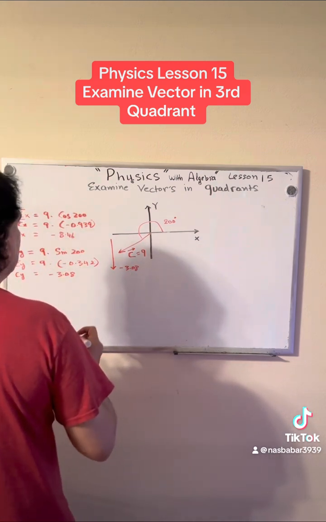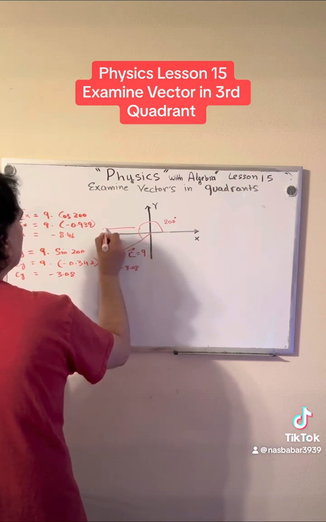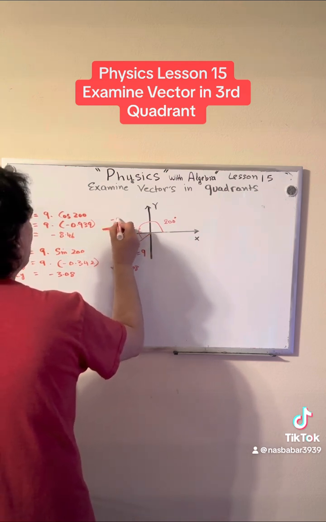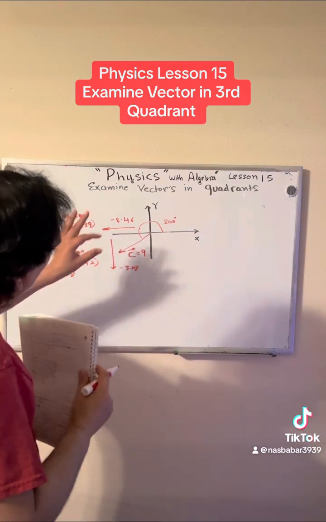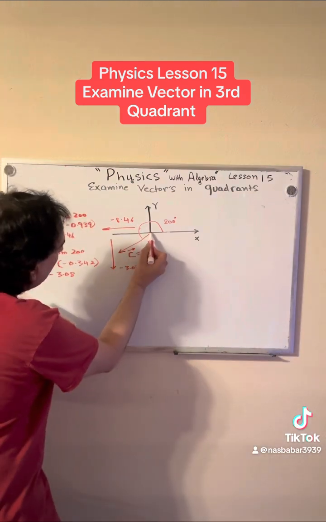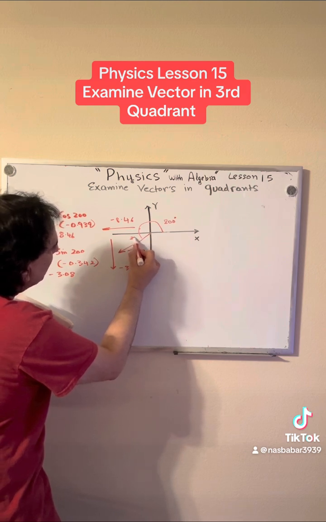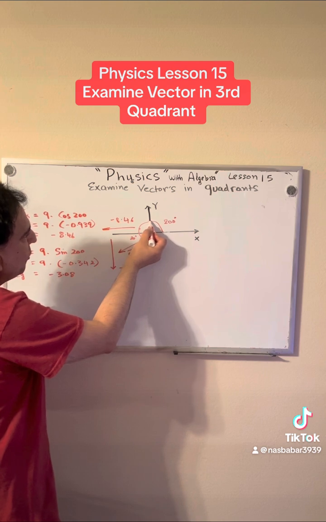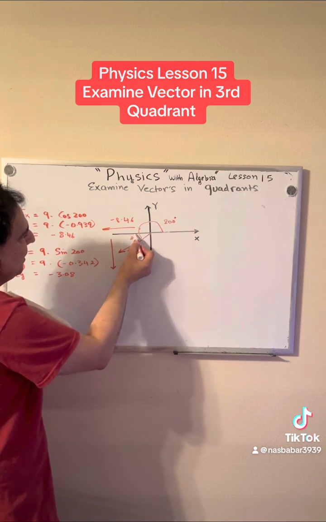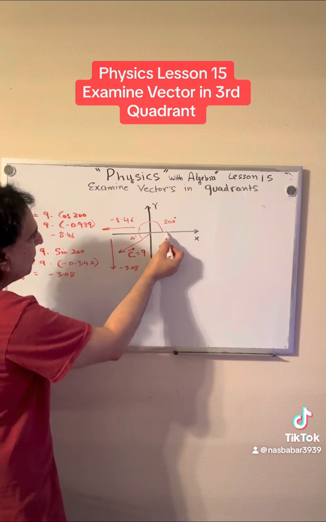My horizontal component is negative 8.46. The angle between the x-axis and this vector is only 20 degrees, if you think about it: from here to here it's 90, from here to here it's 180, then you have 270, and then back here 360.